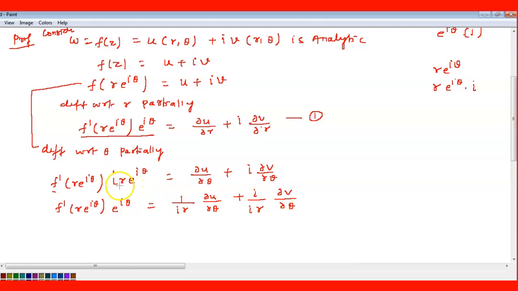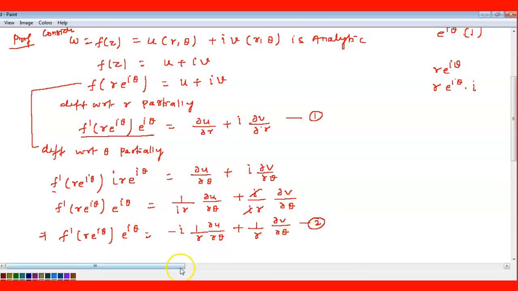Now, 1 upon i we can write as minus i, as told in the previous derivation, and this i gets cancelled. So f dash of r e to the power i theta equals minus i upon r del u by del theta plus 1 upon r del v by del theta. This is equation number 2.